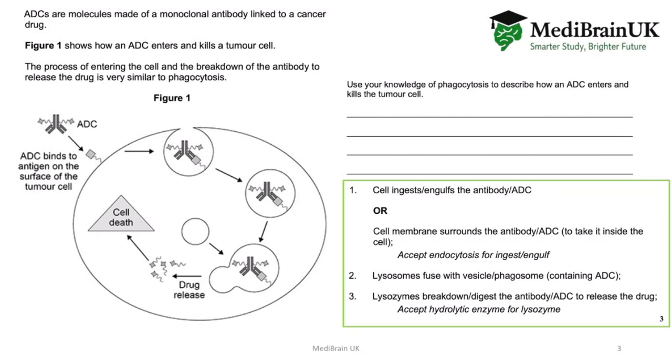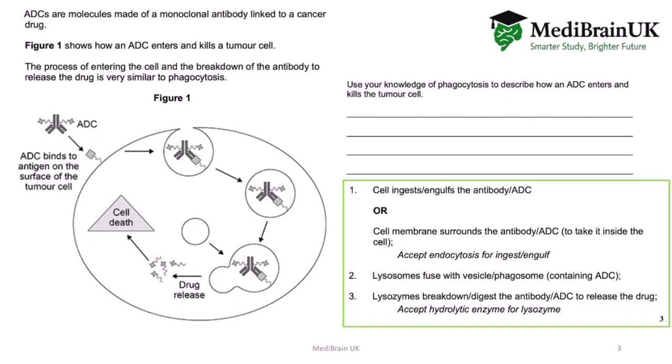So a cell ingests or engulfs the antibody. The lysosomes fuse with the phagosome vesicle, and then the lysozymes, which are released from the lysosomes, break down the antibody and the ADC to release the drug. So this is the application version of the phagocytosis exam question which we looked at in our last lesson.